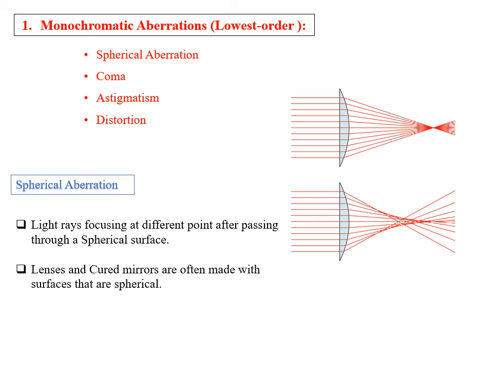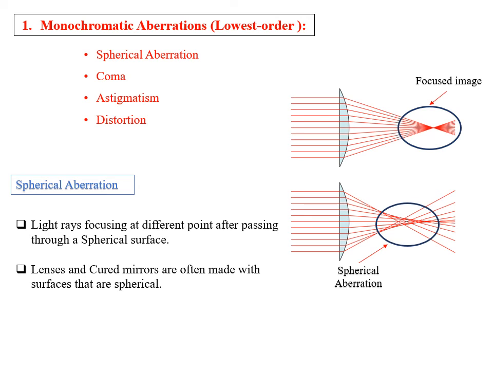See here, if we have a normal and well designed lens, we will have the image focused at a single point. But in the case of an improper lens or one designed with error, the lens produces images at different points, right? And this leads to spherical aberration.